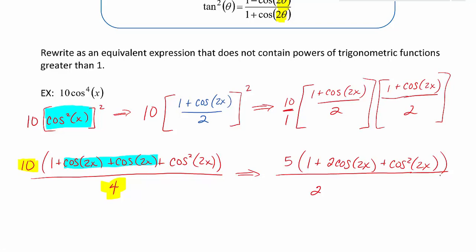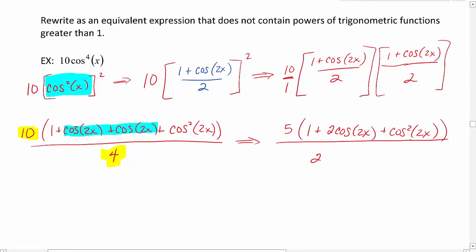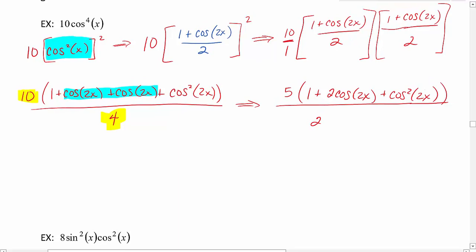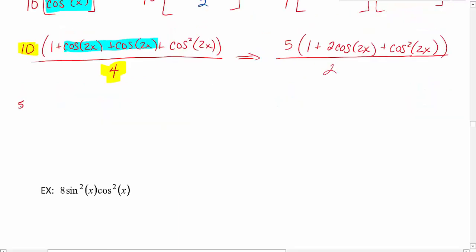Now it's up to you. You can either distribute the 5 and then address the cosine squared, or you can do the cosine squared first. I think I'm going to distribute: 5 plus 10 cosine of 2x plus 5 cosine squared 2x, all over 2.